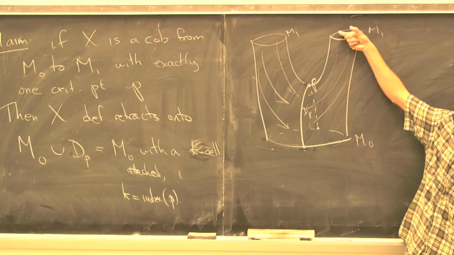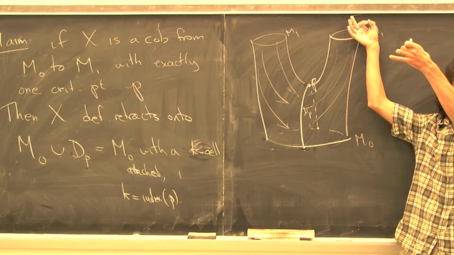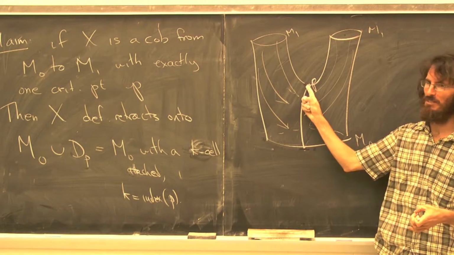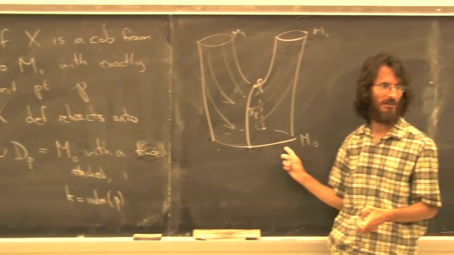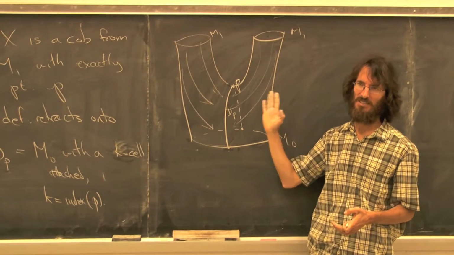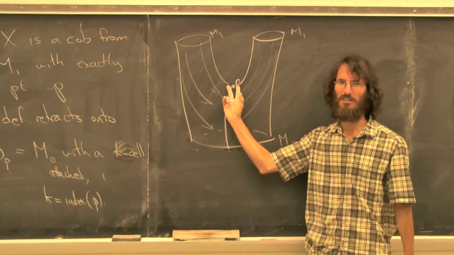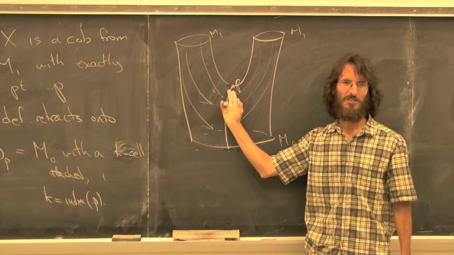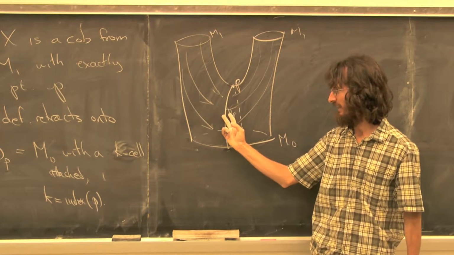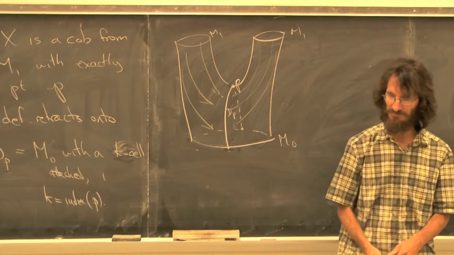Take a look at these two circles up there: these 2 points on the circle are going to map to here, and everything else is going to get mapped to the bottom. So you have to make some interpolation, once you get into a sufficiently small neighborhood here, you have to change your flow so that you actually do end up limiting on this picture.